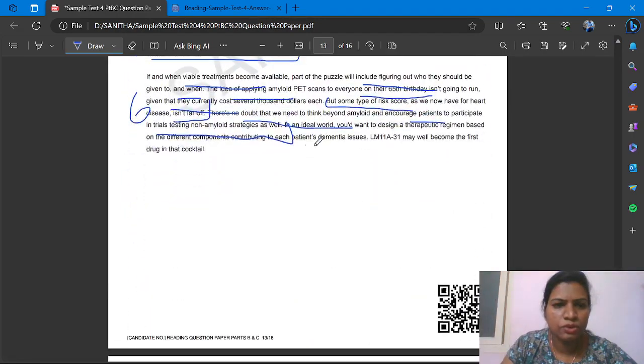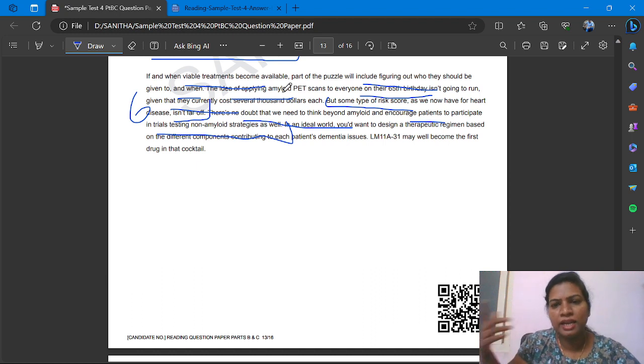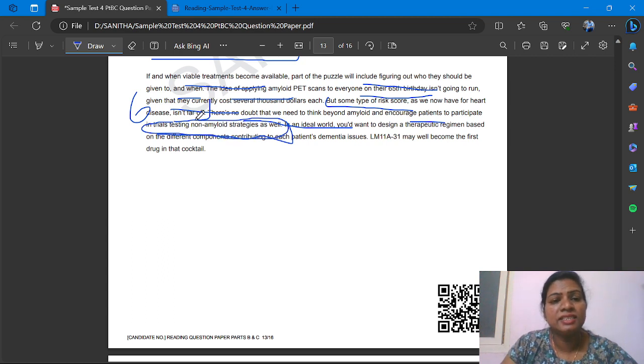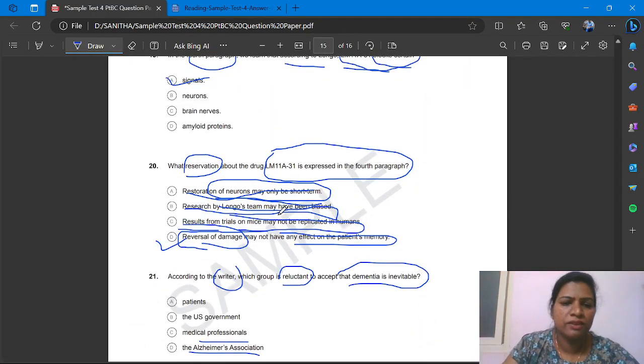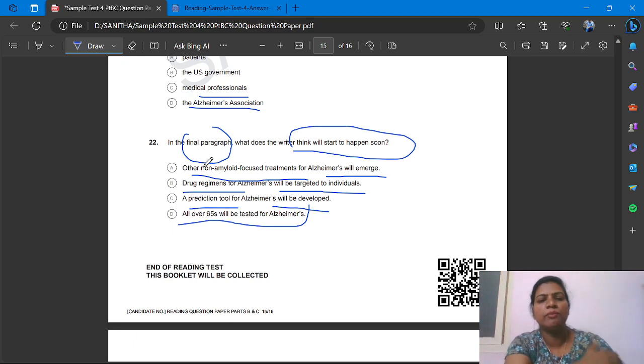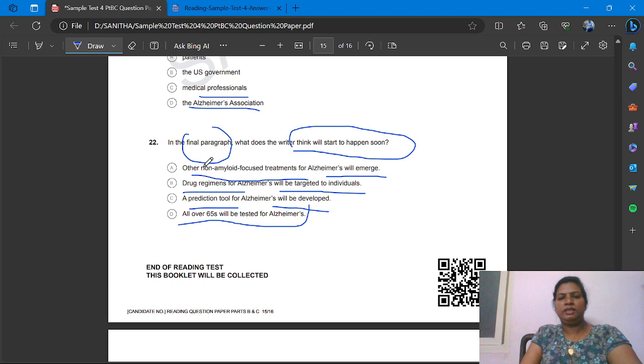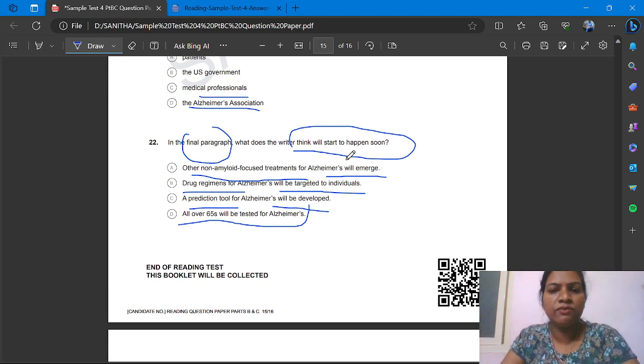We need to think beyond amyloid and engage patients to participate in trial testing non-amyloid strategies as well. If you read this option, you will get confused about the other non-amyloid focused treatments for Alzheimer's will emerge. But it is the thing that will start to happen.